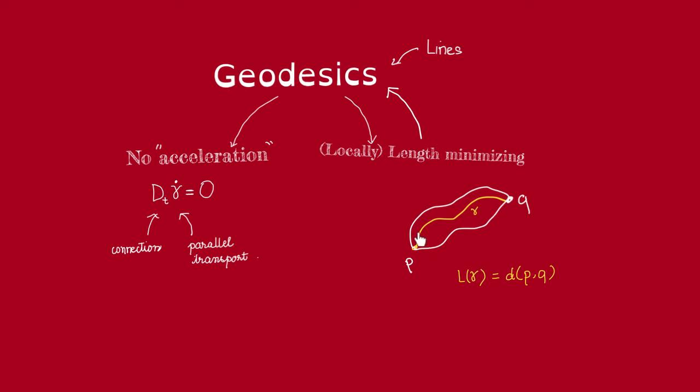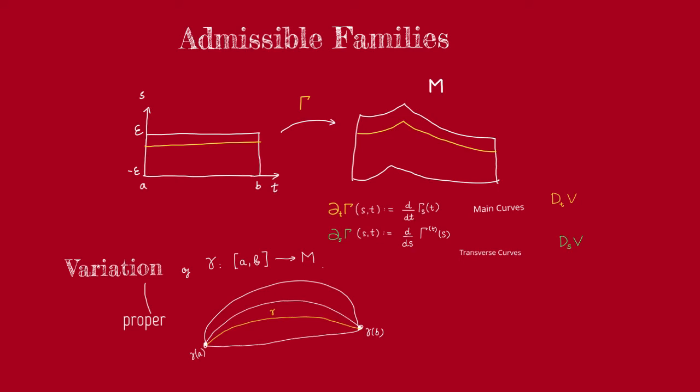First of all, what do we mean by a family of curves? We want to look at admissible families of curves. Intuitively, just as the name suggests, this is a family of admissible curves.